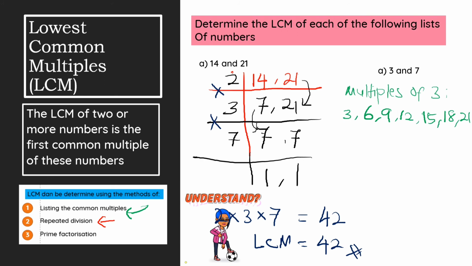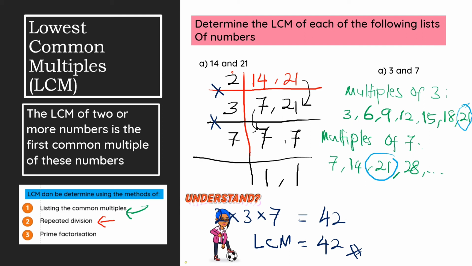Next, I'm going to find multiples of 7, which are 7, 14, 21, 28, and so on. From this list, the lowest common multiple is 21. This is the same for 3 and 7. Thus, the LCM equals 21.